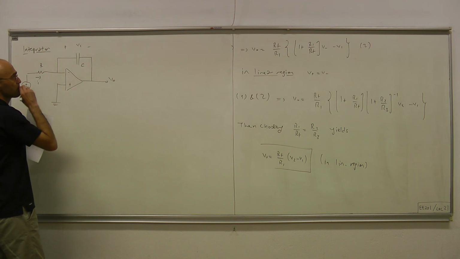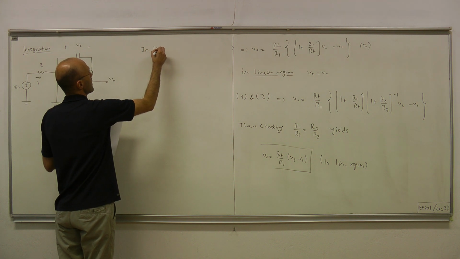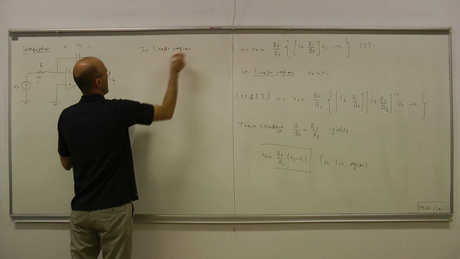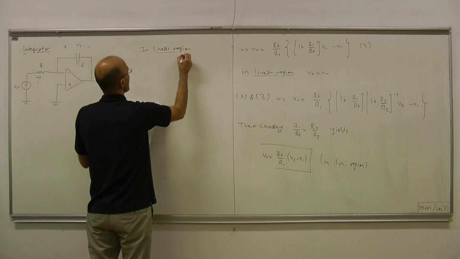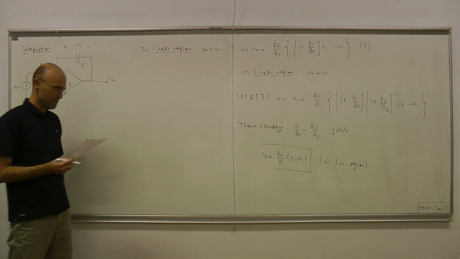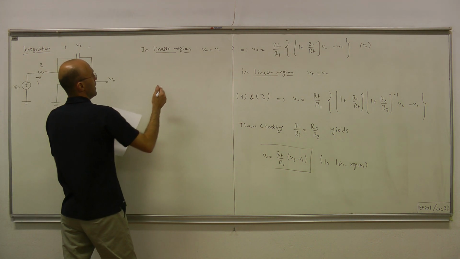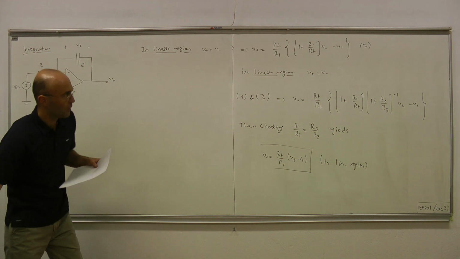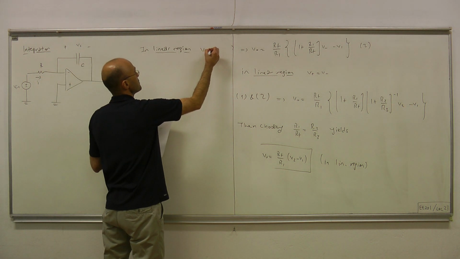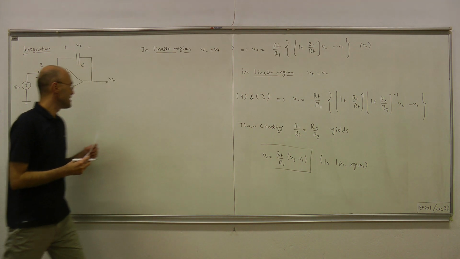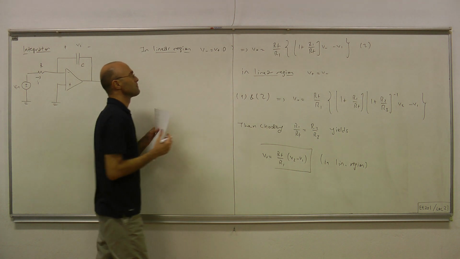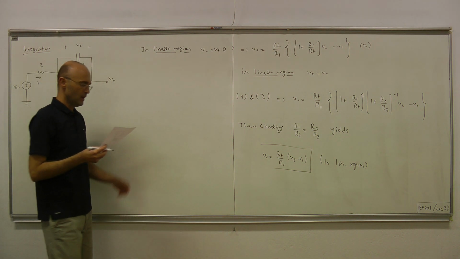So in the linear region, we have the equality V plus equals V minus. V plus is directly connected to ground, therefore, in the linear region, V minus is 0.